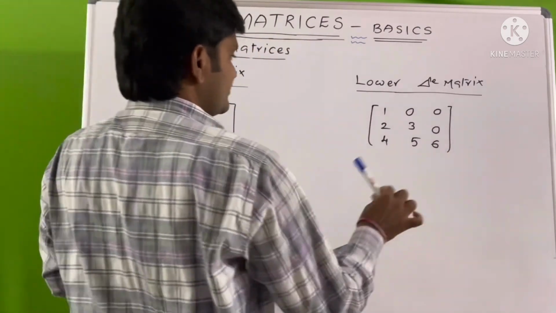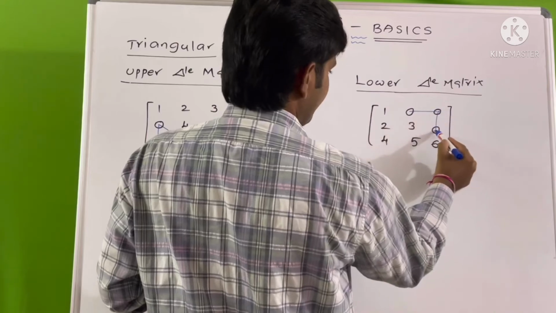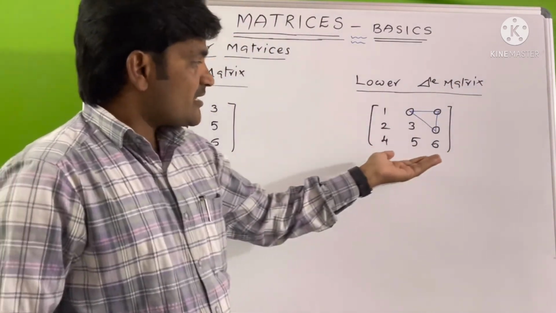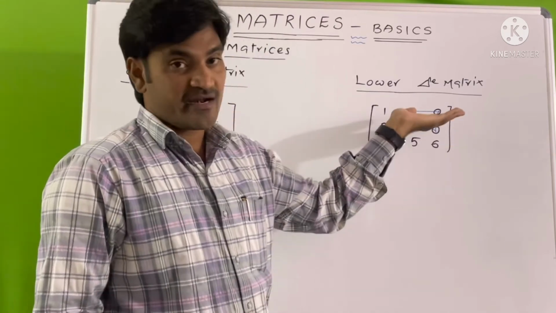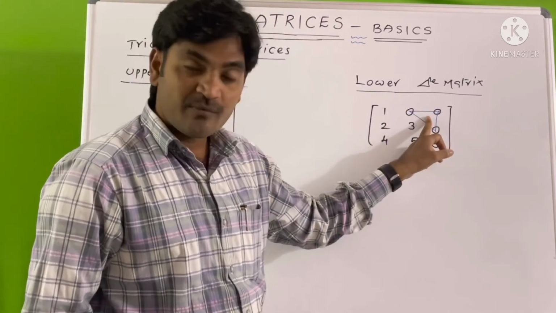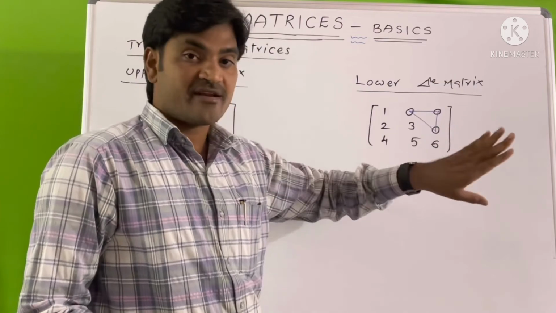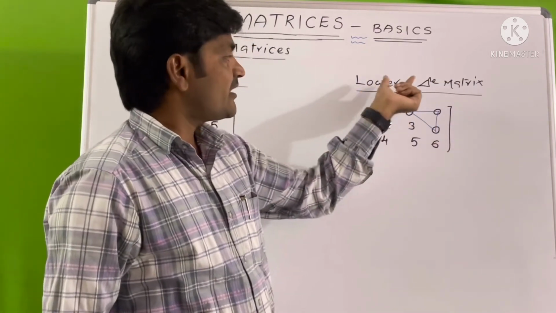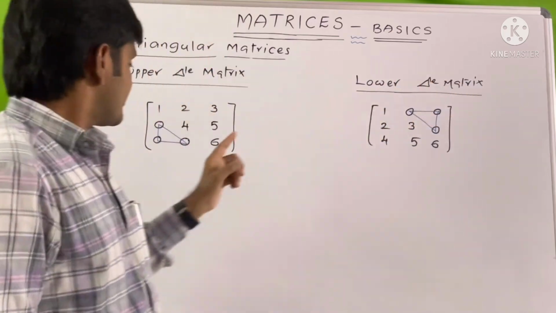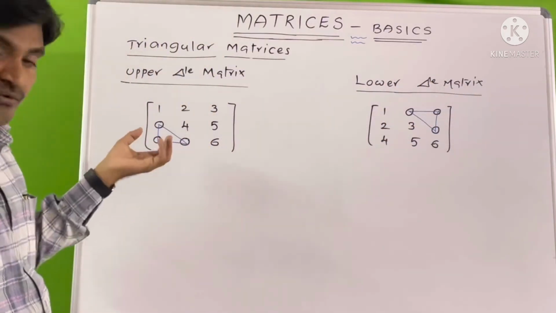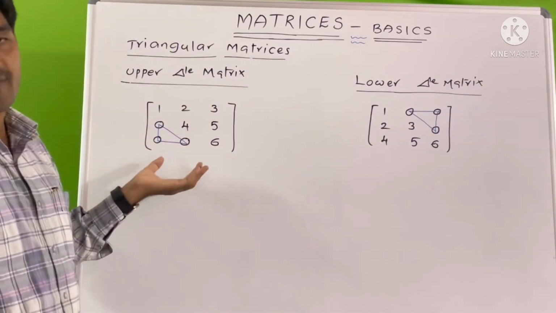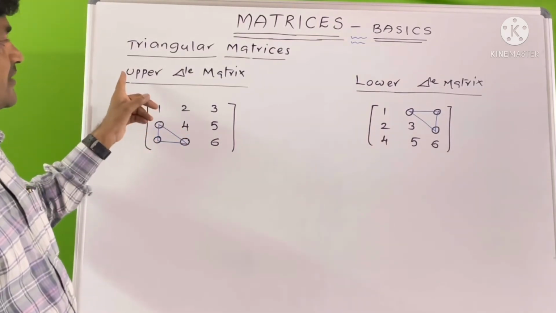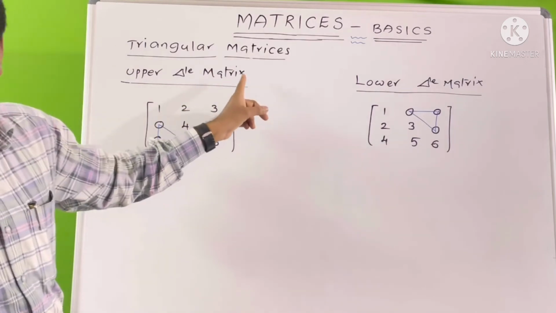By joining these three zeros we form a triangle. This triangle is on the upper side of the matrix, but this matrix is named lower triangular matrix. The earlier one, where a triangle formed on the downside of the matrix, is called an upper triangular matrix.